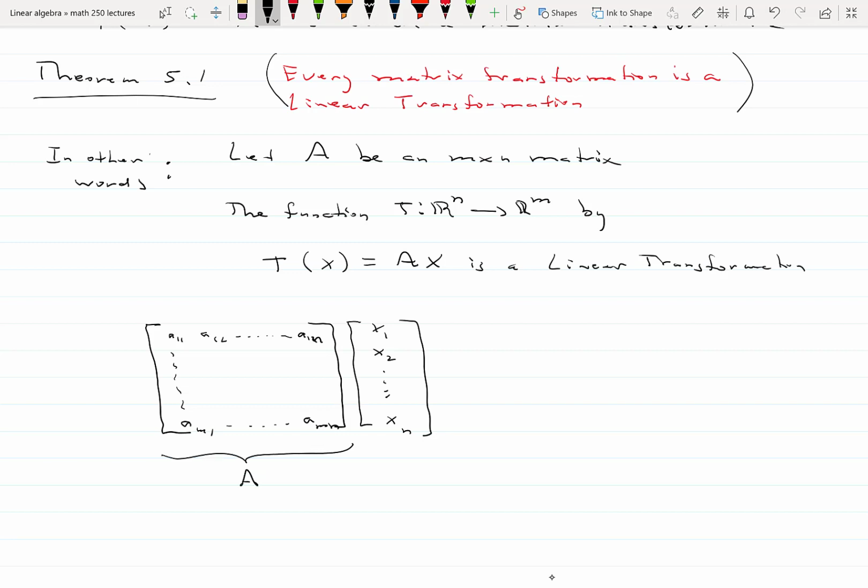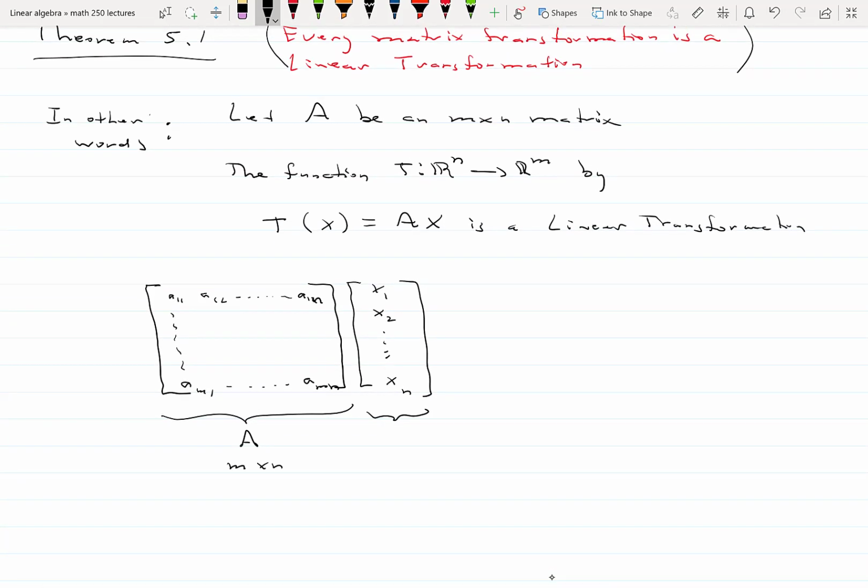So there's A as an m by n matrix, and here's an element from Rn, capital X, an n by 1 matrix. Then the result, AX, is going to be a what?